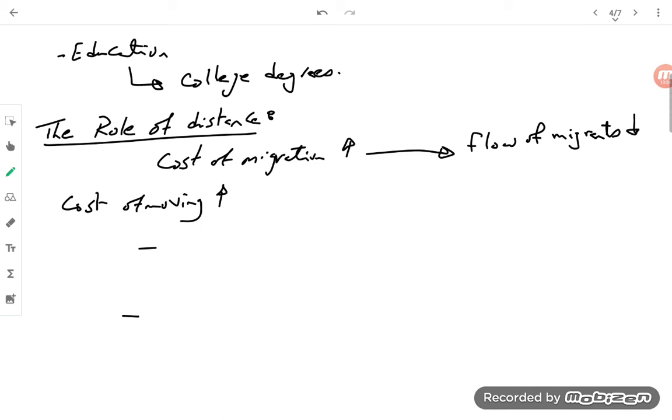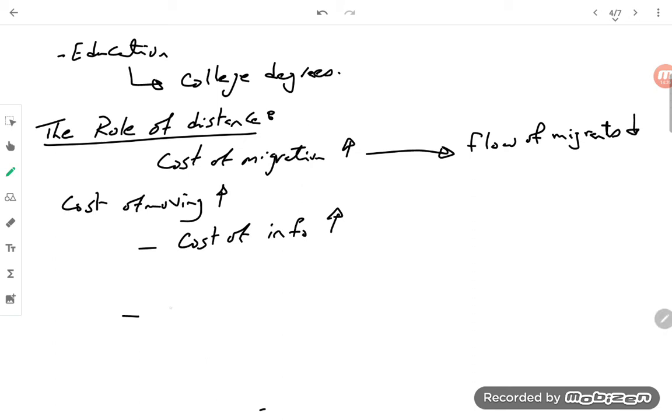The time and money cost of a move, and of the trip itself back to see your friends and relatives, will be high. So in this case, the cost of information will be high, related to whether you are going to find a good job opportunity or not.